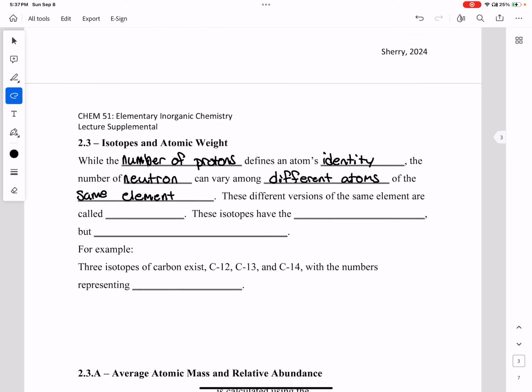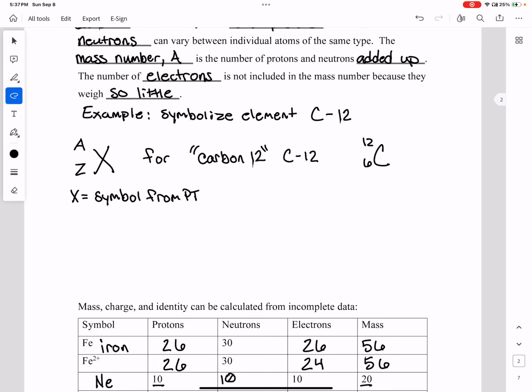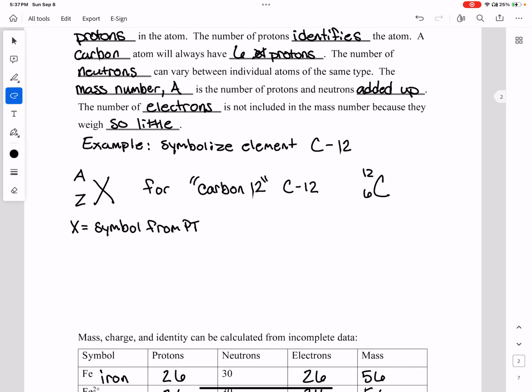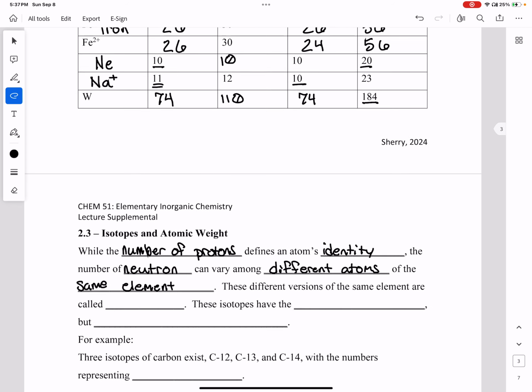Previously we looked at carbon and we specified carbon 12. Carbon 12 is an isotope of carbon. It's the one that has 6 neutrons and thus a mass number of 12. But there is also carbon 13 and carbon 14 that are less abundant.